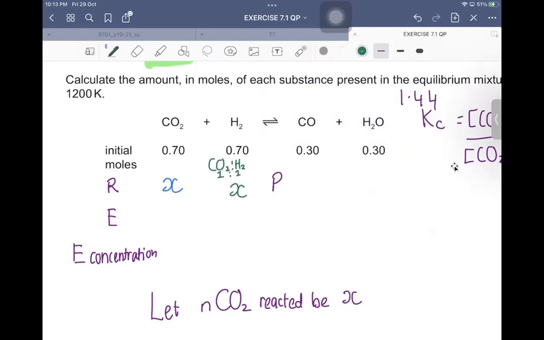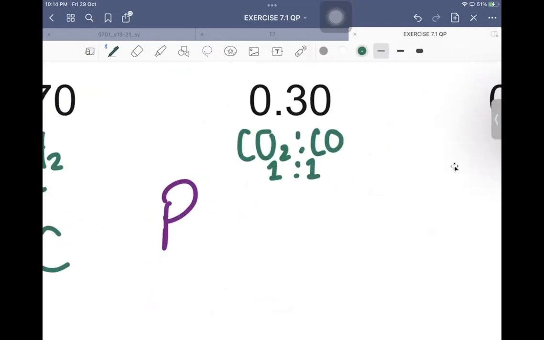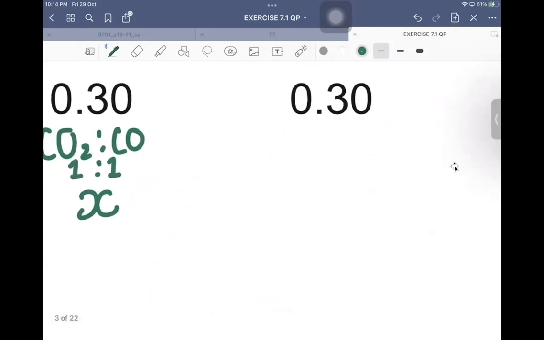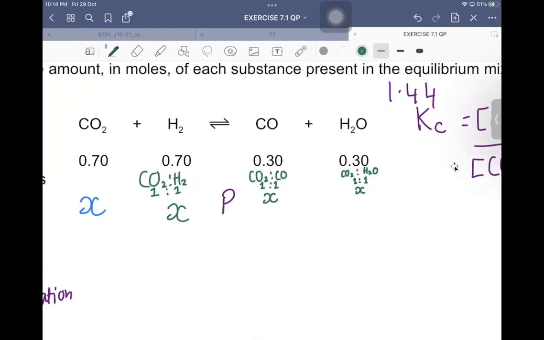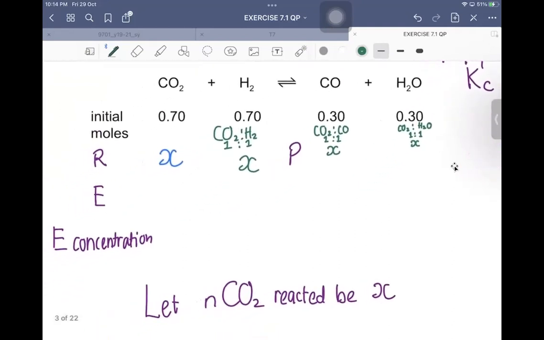That's my reactants. What about my products? Same thing. Carbon dioxide and carbon monoxide have a 1 to 1 relationship, so the product I would produce would also be X. CO2 and water, H2O, is 1 to 1, therefore X. Right now, it looks like it doesn't make sense, but just bear with me.